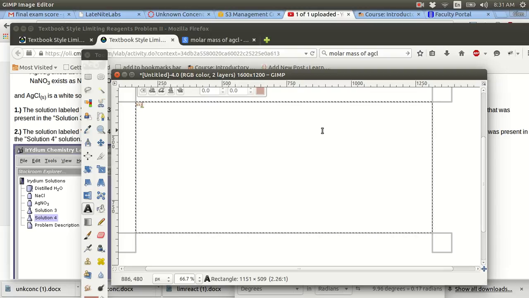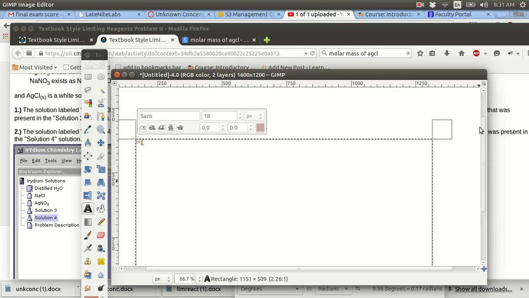I'll just type it small and then make it big later.